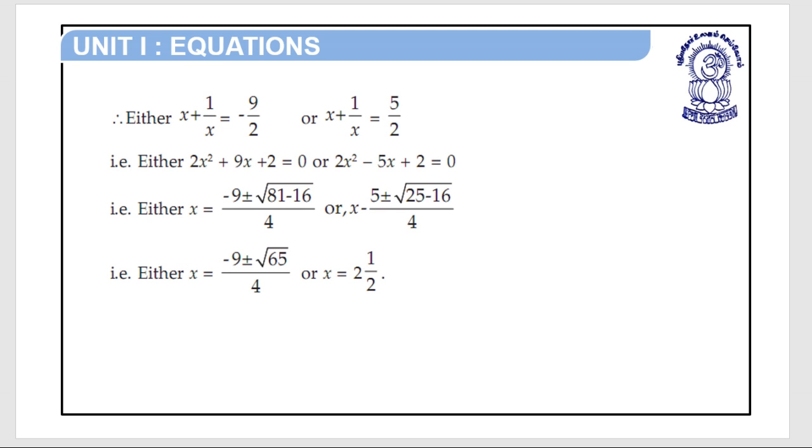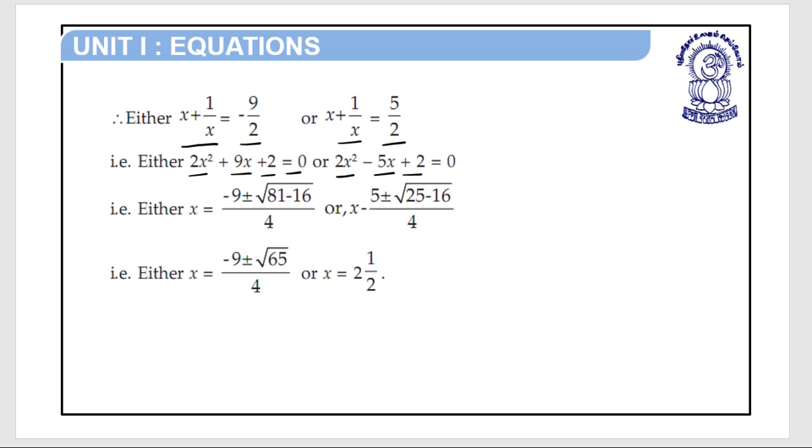Now, instead of p, write x plus 1 by x is equal to minus 9 by 2, and x plus 1 by x is equal to 5 by 2. So the equation becomes 2x square plus 9x plus 2 is equal to 0, or another equation becomes 2x square minus 5x plus 2 is equal to 0.